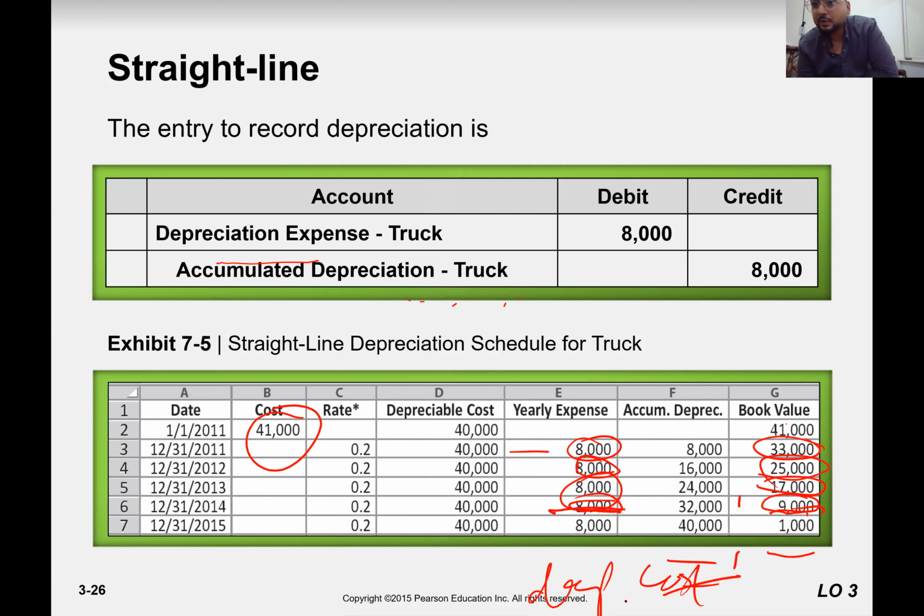What is the formula for depreciable cost? Cost minus salvage value, or cost minus residual value. That is 40,000. And this is the salvage value. So remember, at the end of the life, the value of the asset is equal to salvage value. That can be asked in the objective part, true, false, or maybe MCQs.